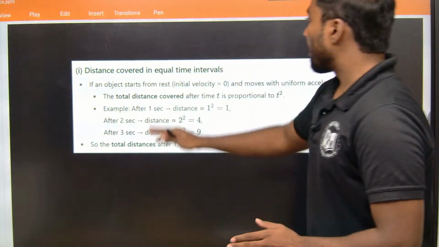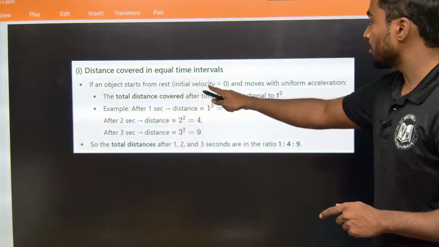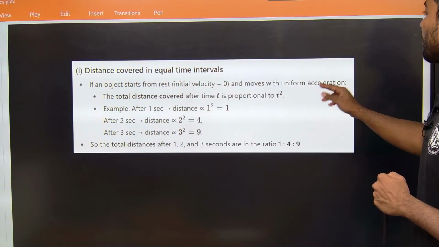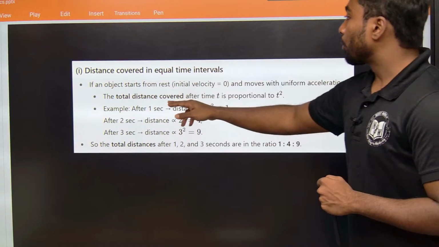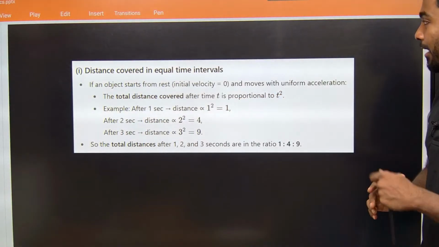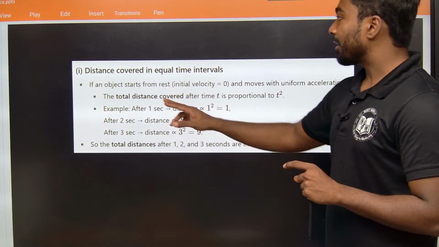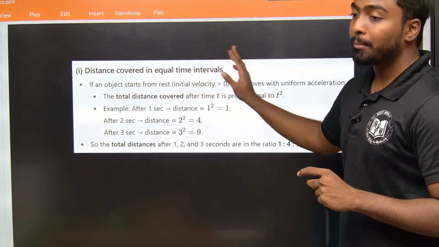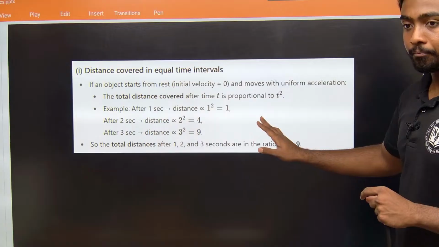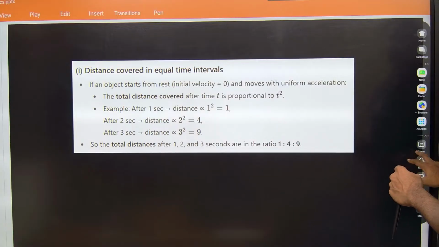So, if an object starts from rest, which is initial velocity will be 0 and moves with a uniform acceleration, the total distance covered after t is proportional to t square. Okay. Keep in mind, whenever they are saying distance covered in equal time interval, S will be directly proportional to t square. I will write here.